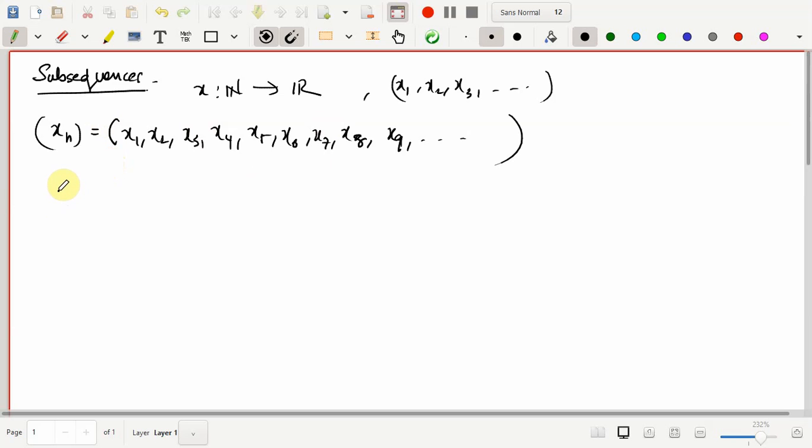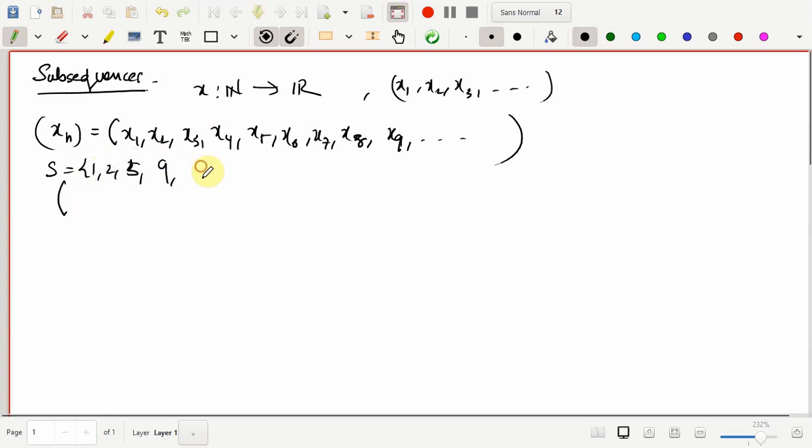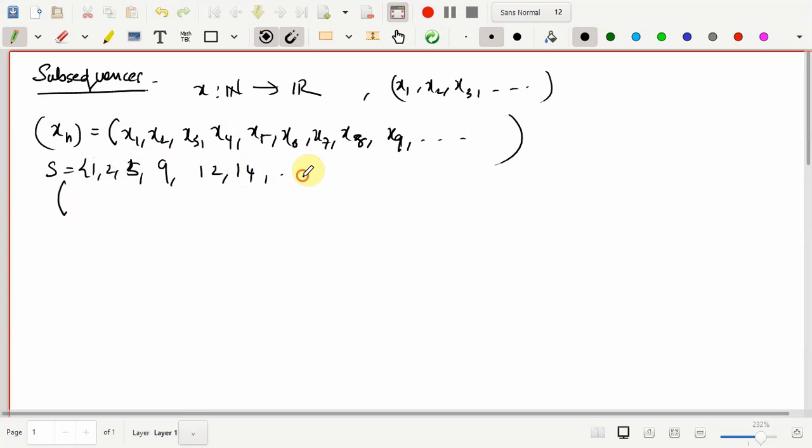Say, for example, I take S equal to 1, 2, 5, 9, 12, 14, and this goes on.